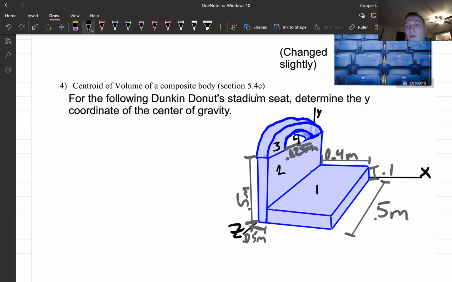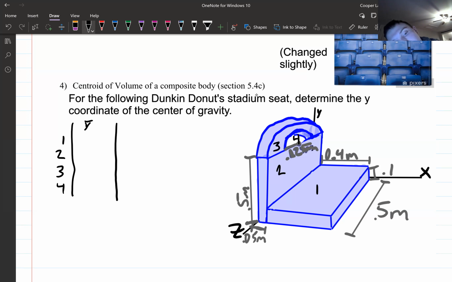So now we're going to go in and start working on the problem. What I'm going to start doing is creating a chart with 1, 2, 3, and 4 for all of our shapes. Along with that, I'm going to list our y bar, which is the y-coordinate of the center of gravity for that shape. Along with that, I'm going to list v, which stands for volume, the volume of the shapes.